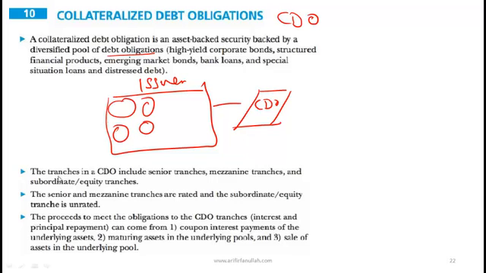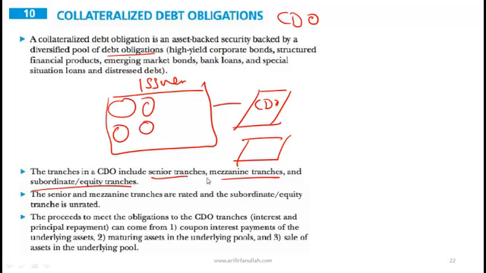Okay. When we issue CDOs, do you think we can have complex structures with different sorts of bond classes or tranches? We can. The tranches in a CDO typically can be thought of as being in one of three categories. Either you have senior tranches, mezzanine tranches, or subordinate / equity tranches.